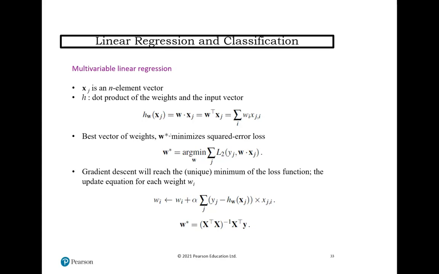And everything applies, except that h then becomes the dot product of a weight vector w times the x vector, which is the parameter vector. The best weights, again, minimize the squared error loss, so that's the same as the linear case.